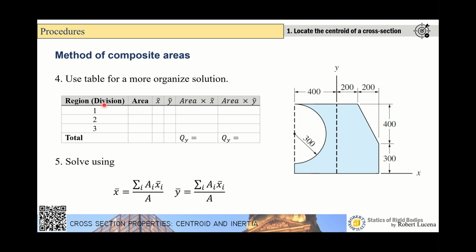So this is more of a procedural solution. Once you get the sum of the moments, you simply divide Qy by the total area and you get x bar. If you divide Qx by the total area, you get y bar. This is a very easy solution, but it is only applicable if your composite shape is made up of common shapes.